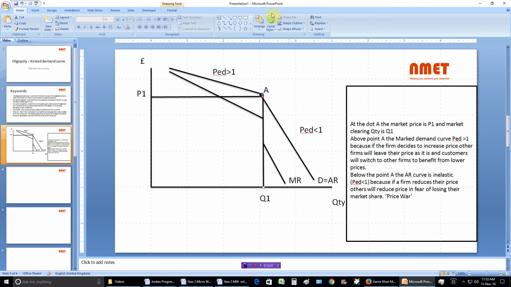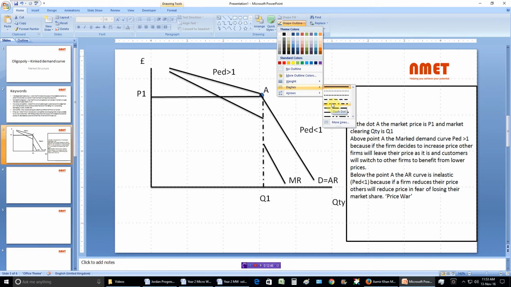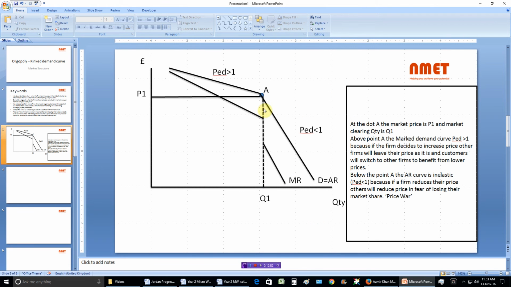Let me just make this line dashed. Now between the point X on the MR and Y, this part is discontinuous.